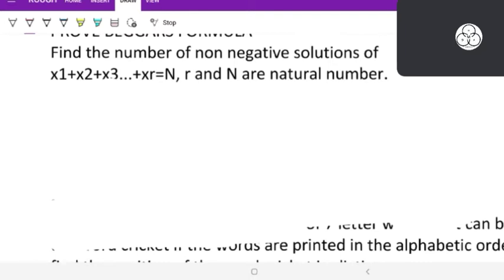Just look at this example. 111 star, 111 star, 11 star, and so on.